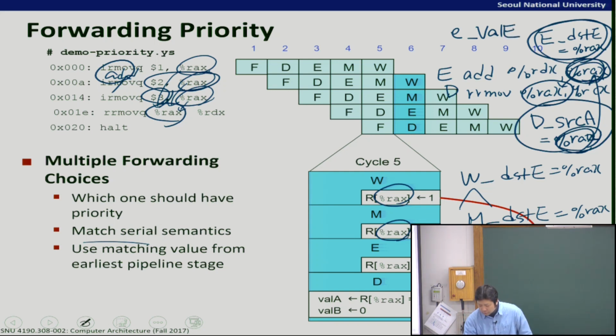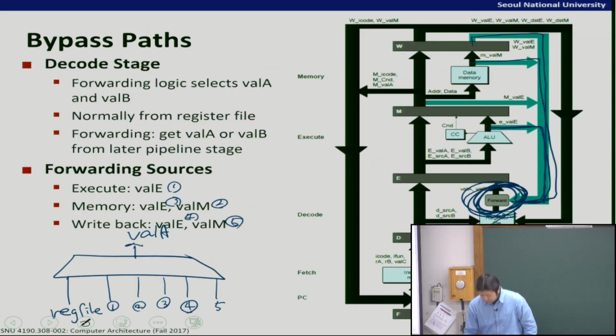So the result will be stored in this field, valE, and regardless of whether this value comes from an immediate value or addition or shift, eventually it will be stored here.